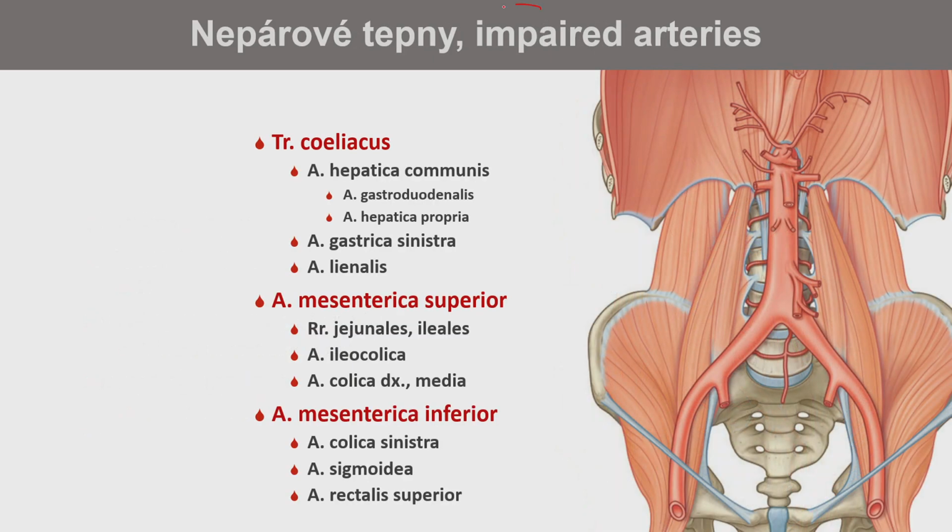The unpaired arteries. The aorta has branches, and those branches could be divided into three groups. Two of them are called visceral because they are supplying the organs.